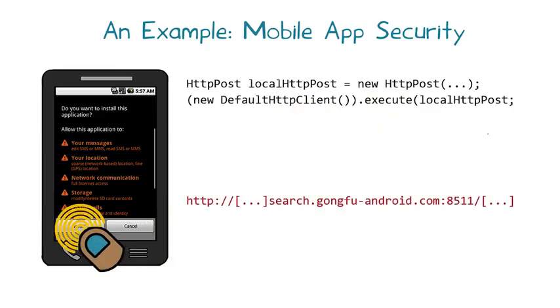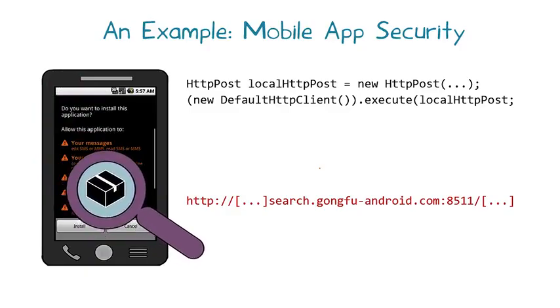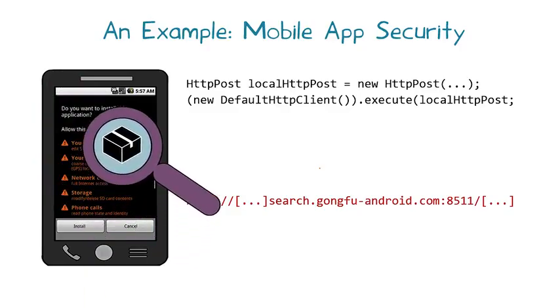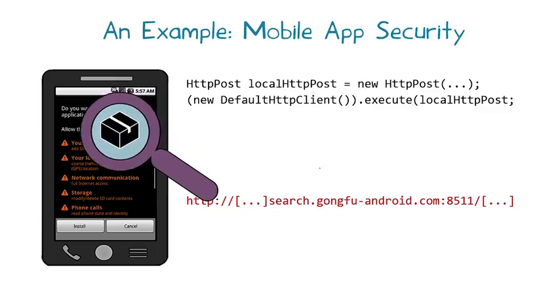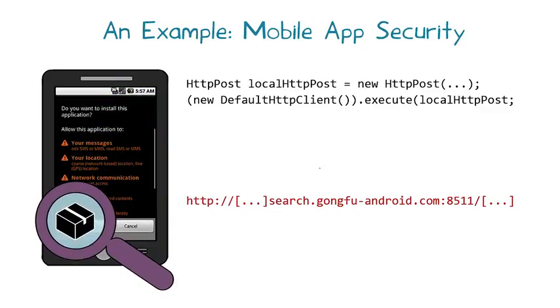Once installed, the app attempts to collect sensitive information from the compromised device and reports it to remote command and control servers at multiple web locations, such as this one. Black box testing would detect this malware by merely starting the app and monitoring the network activity of the phone, thereby capturing the attempt to connect to this suspicious web location.